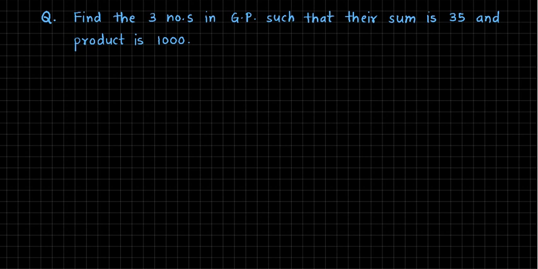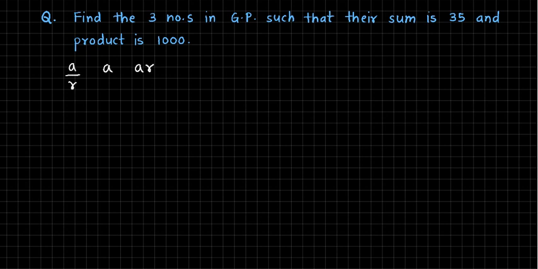Find the three numbers in GP such that their sum is 35 and product is 1000. Now we have seen how to assume the three numbers which are in AP, and since we are given the product of those three numbers, it will be good to assume the three numbers as A upon R, A and AR.